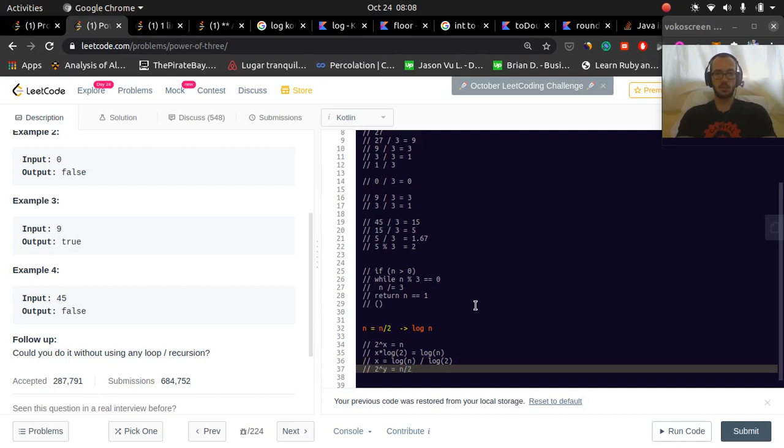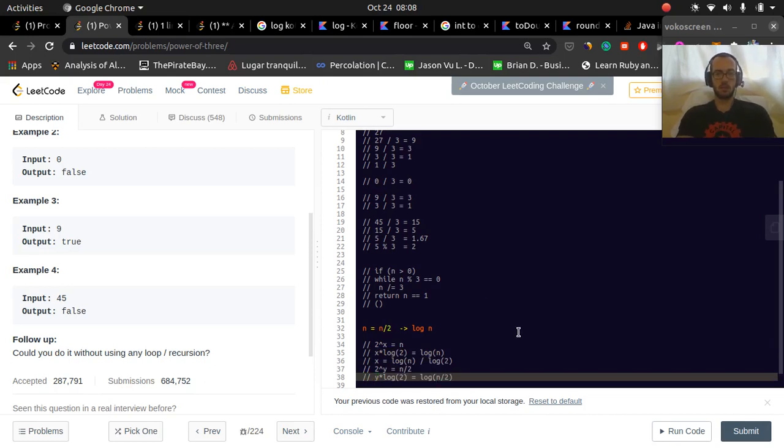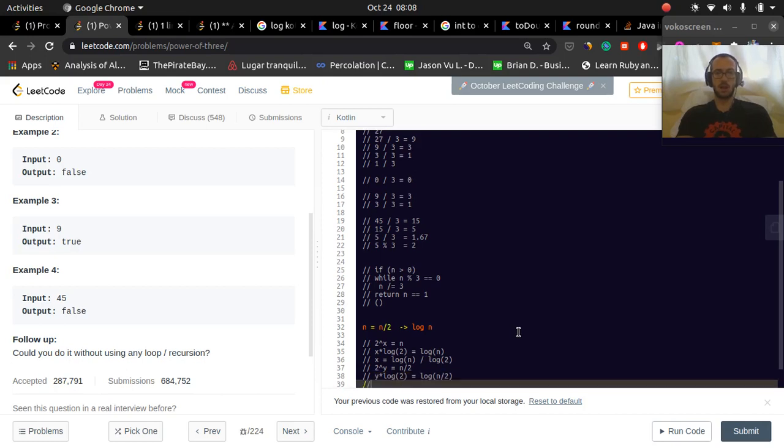And in this one, if we're looking at 1/2 n, let's do the log again. So y equals n over 2. And how do you, okay, let's think about this. So y, let's copy this.